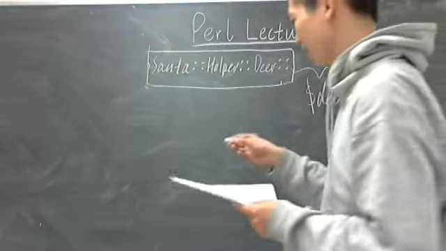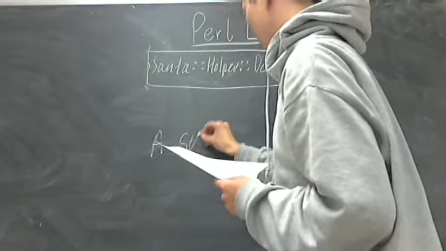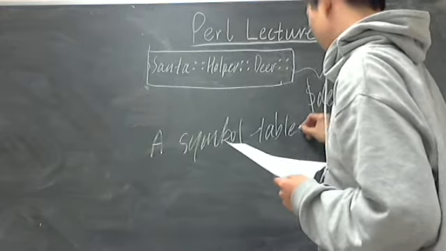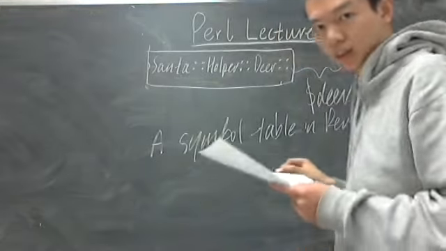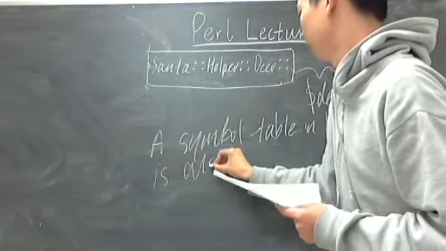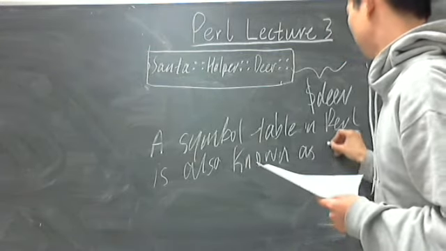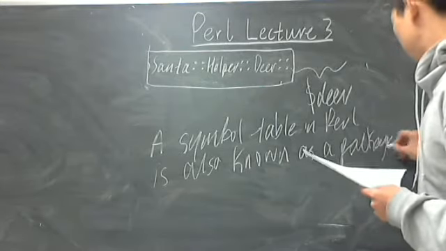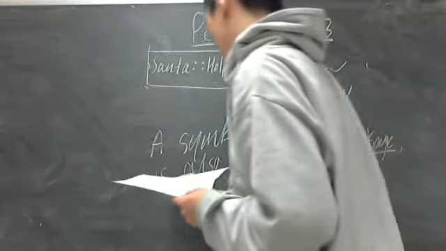Now, I just want to write this down. A symbol table in Perl is also known as a package, okay? Whoa. So these are often called symbol variables.